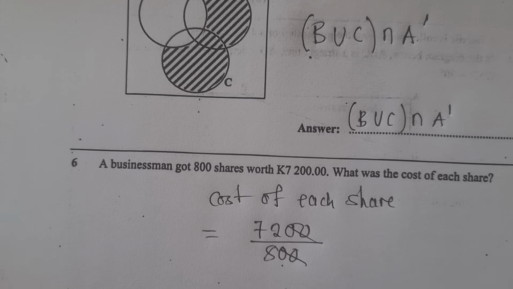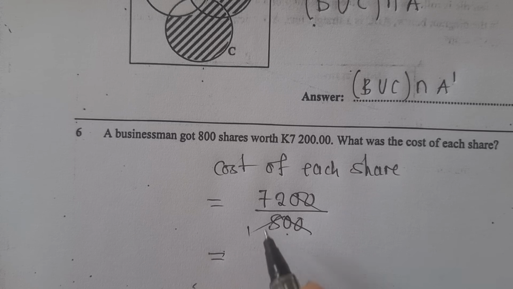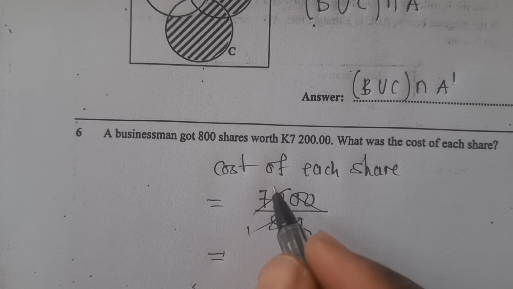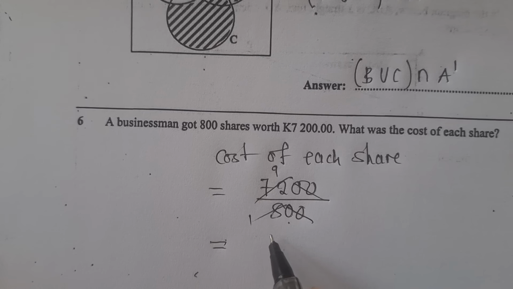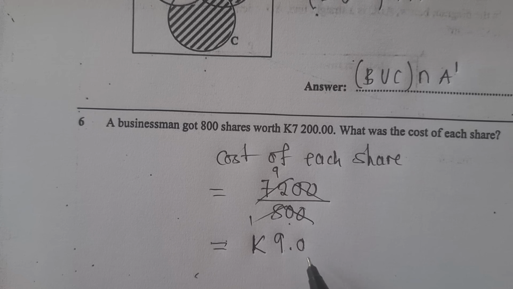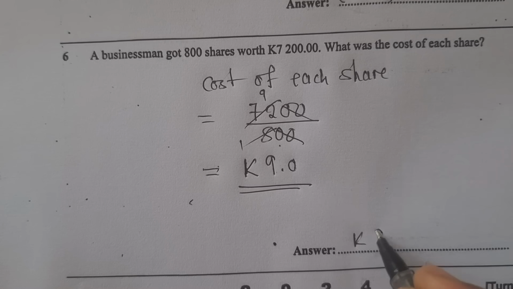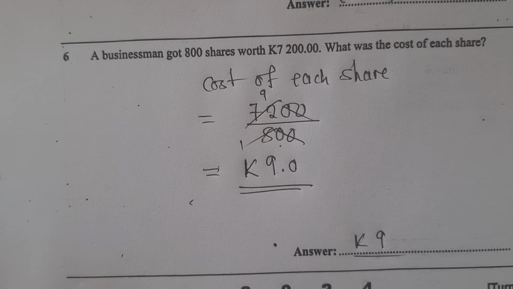So 0 and 0 will go. Remember, you're not allowed to use a calculator. 8 into 8 is 1. 8 into 72 will simply be equal to 9. So we've got 9 kwacha. So you write 9 kwacha right here.